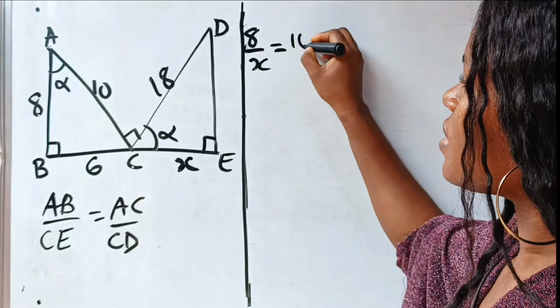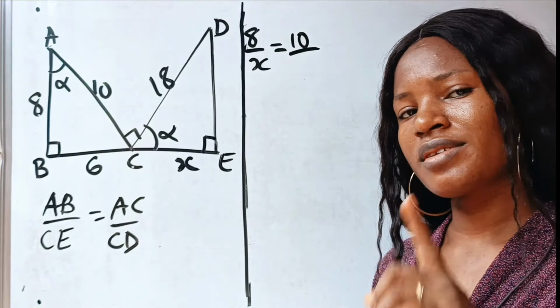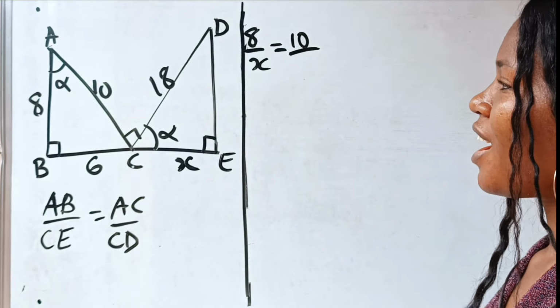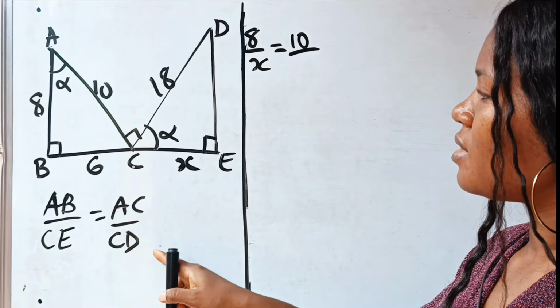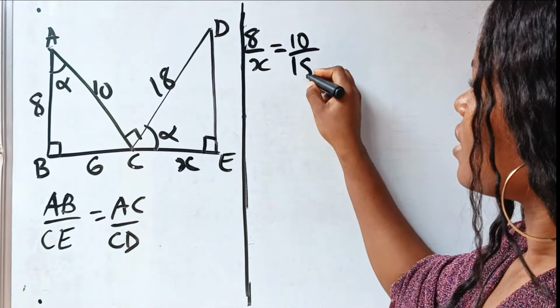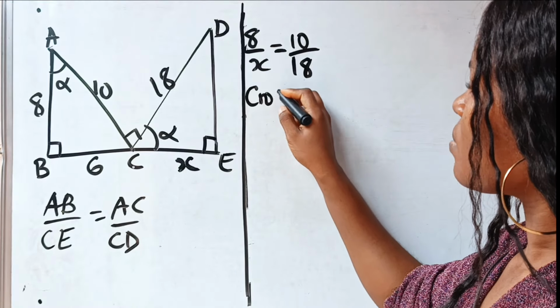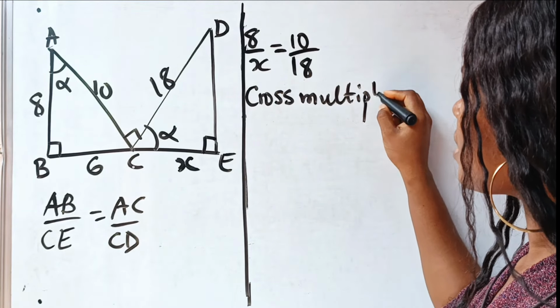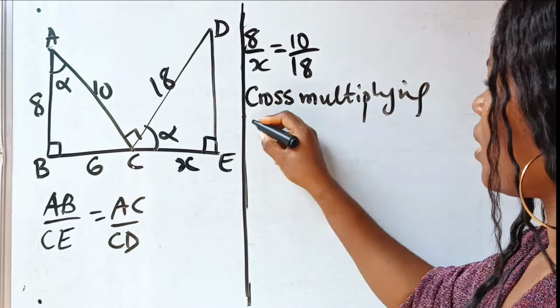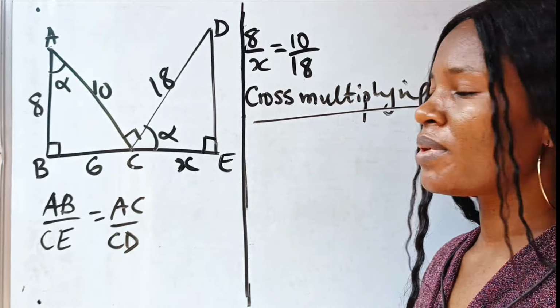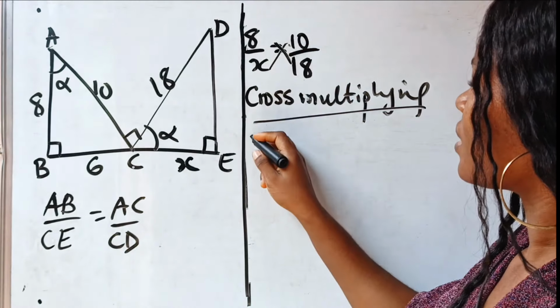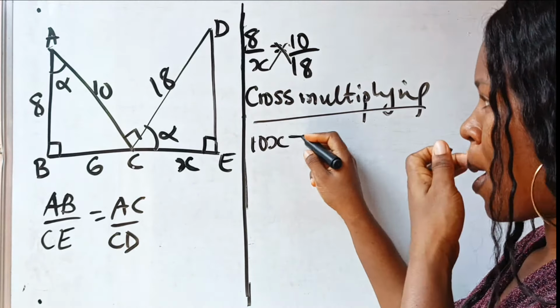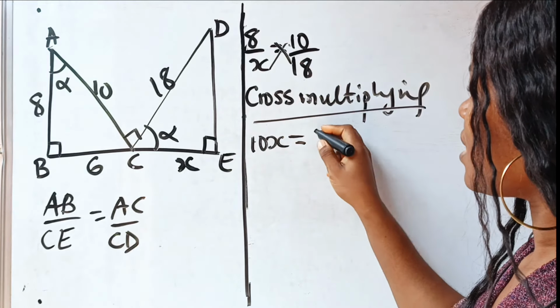We are going to solve this using two methods. So this is the first method. And we have CD, which is 18. So cross multiplying, we have 10x is equal to 8 times 18.